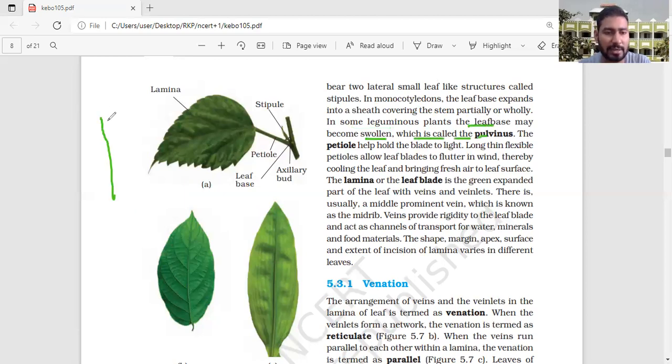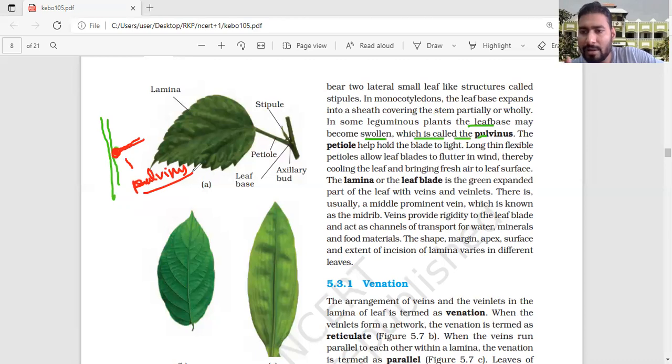If you have seen a leguminous plant, from here, this is the leaf base, and this leaf base becomes swollen. This type of structure is known as the pulvinus. So the leaf base becomes swollen in leguminous plants, and such a structure is known as the pulvinus.